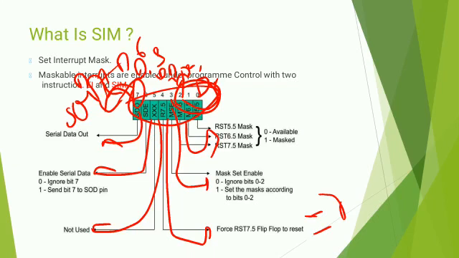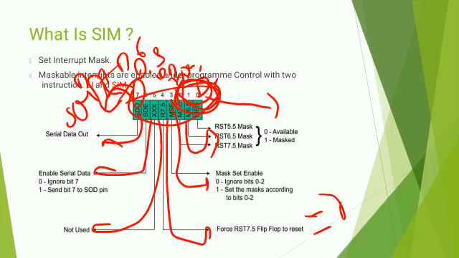Now let us discuss the meaning of all the bits. D0 to D2 indicate interrupt masked or available. Bit D3 is a control bit over D0 to D2 to make them significant or invalid. D4 is an extra provision for RST 7.5 to reset it.